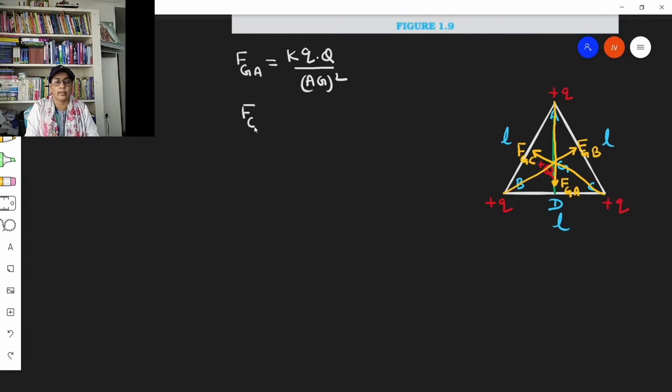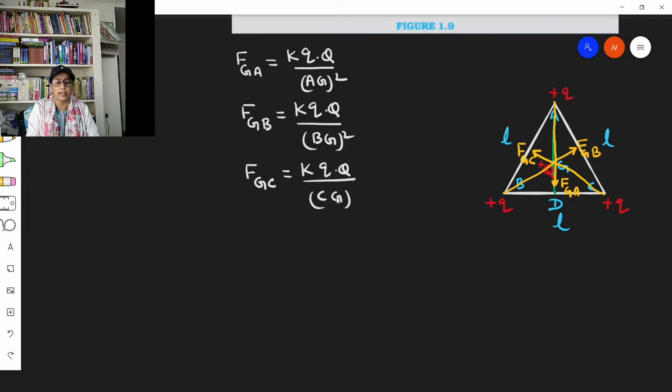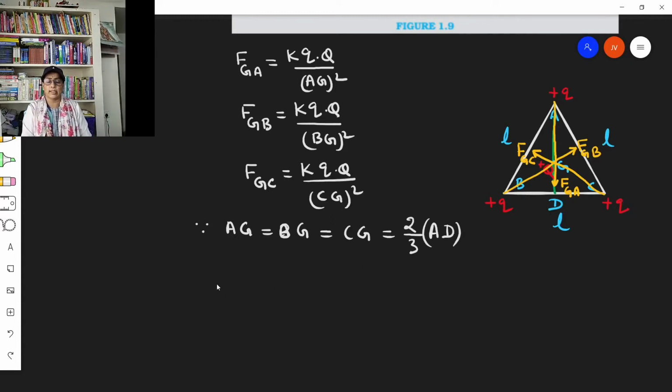Force on charge at G due to charge at B is also KQ by BG square, and force on charge at G due to charge at C is KQ by CG square. Since AG, BG is equal to CG, and all of these are 2/3 of the length of the median AD. And what is the median?